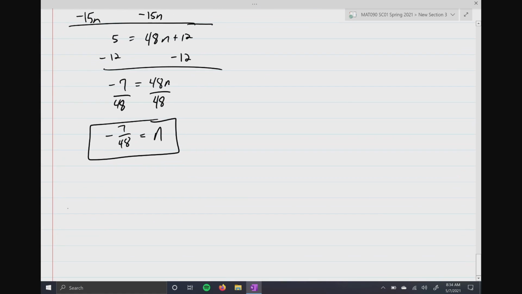So my next problem is another solving problem. All right, so we're going to solve 20y equals 25y squared.